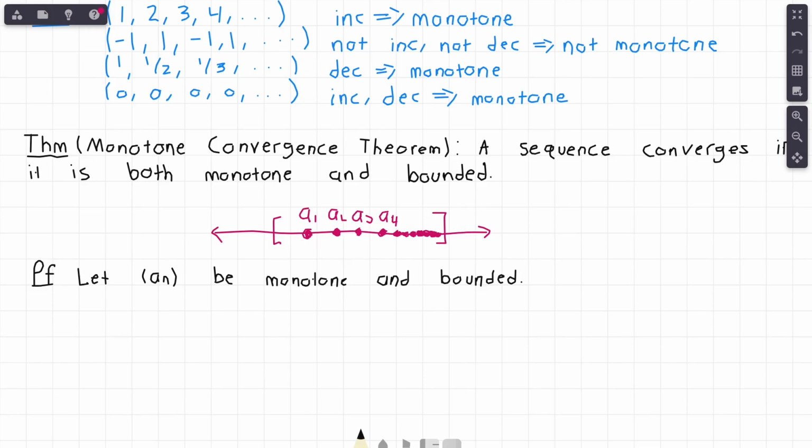All right, now what does this mean? Well, because a_n is monotone, we can say that a_n is either increasing or decreasing. Now, we're just going to handle the increasing case because the decreasing case is almost identical. So we're going to assume, without loss of generality, that a_n is increasing.